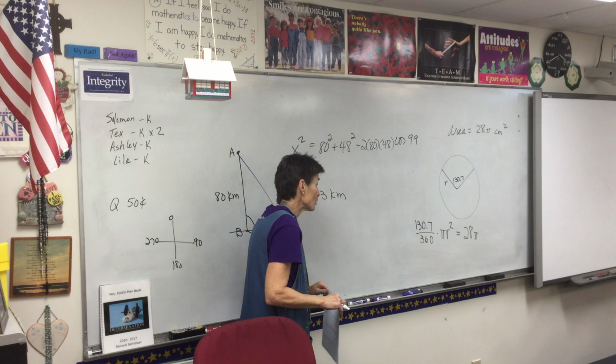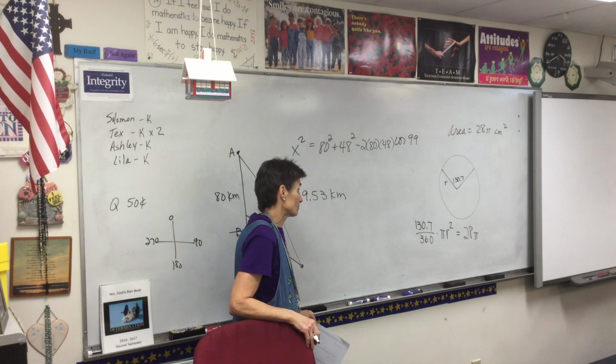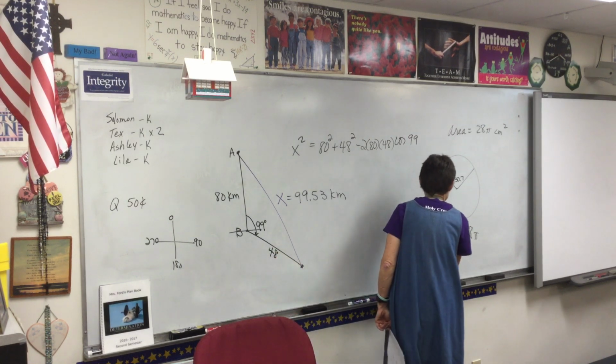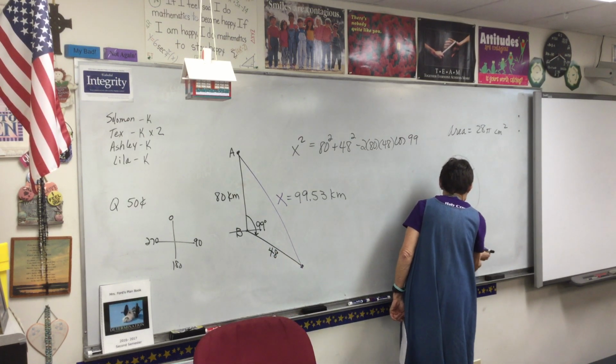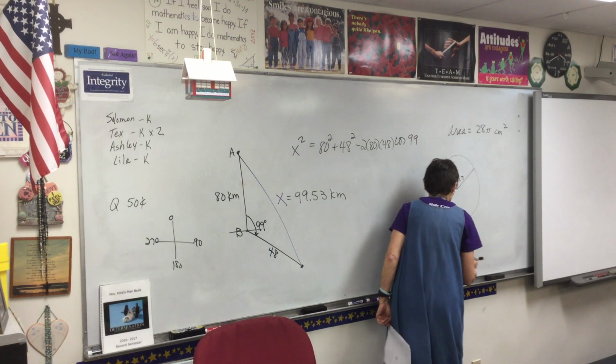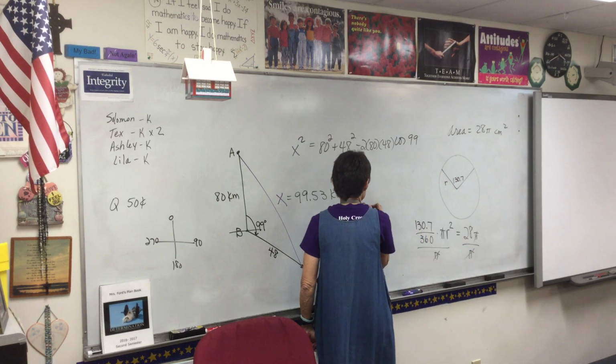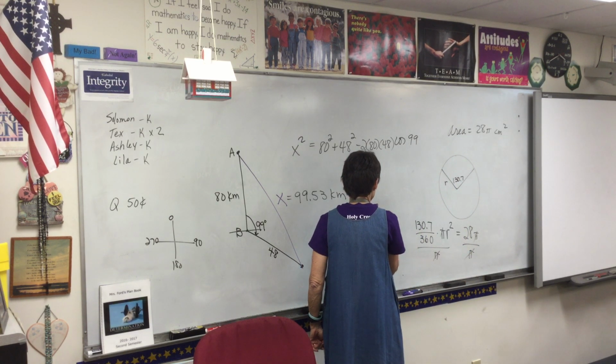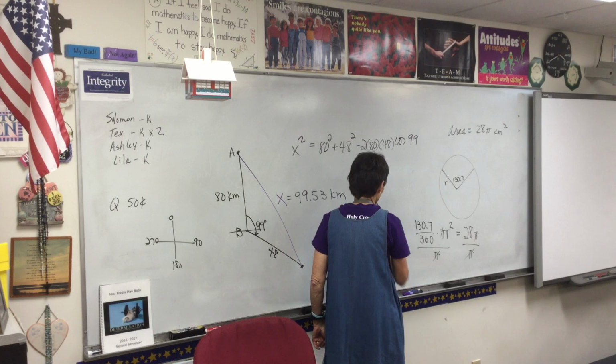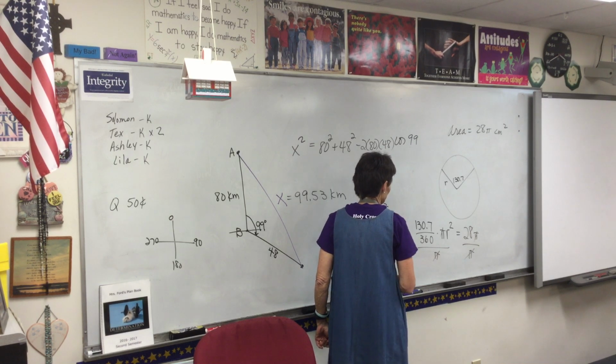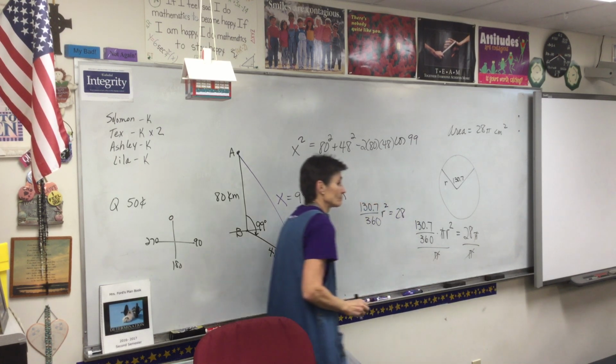Now, how do you want to solve that? Divide by pi? We certainly can do that, right? They'll be gone. So now I have 130.7 over 360 r squared equal to 28.